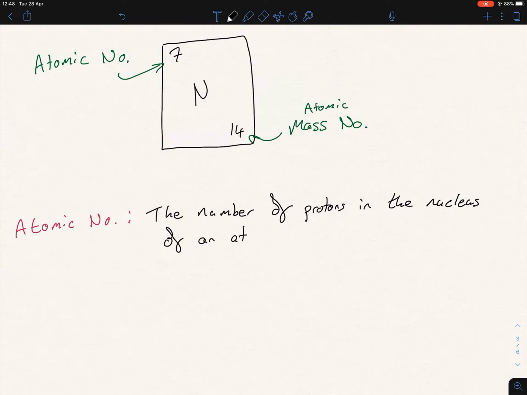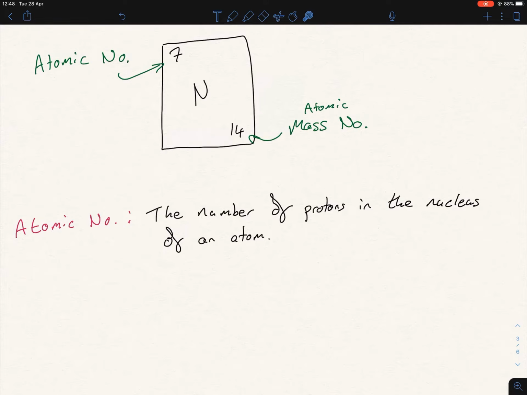Now, guys, with definitions, you have to be exact. I can't stress this enough. I say it to my own students the whole time. Your definitions have to be exact. I wrote it down as the number of protons in the nucleus of an atom. Did I mention electrons or neutrons anywhere in the atomic number? I didn't.